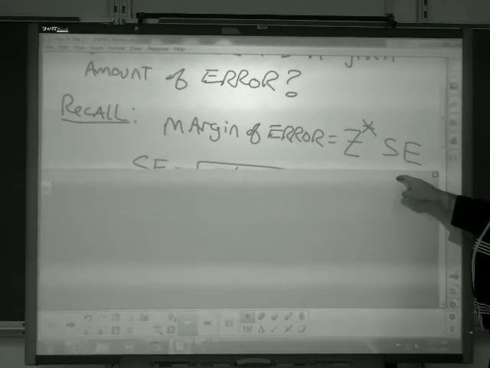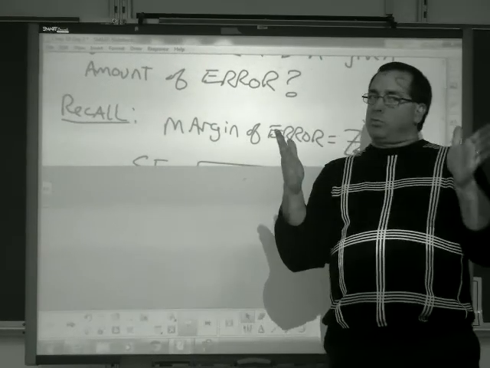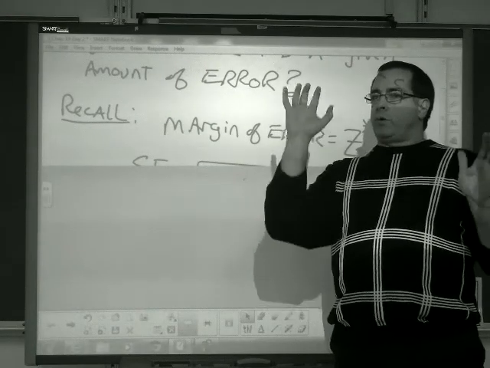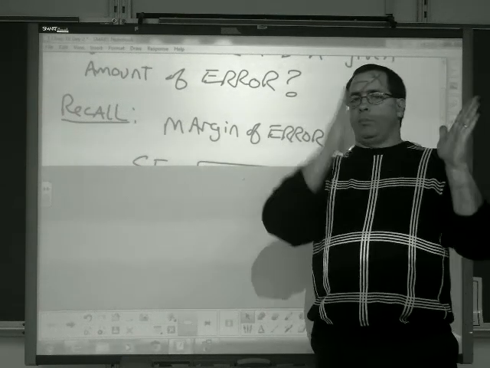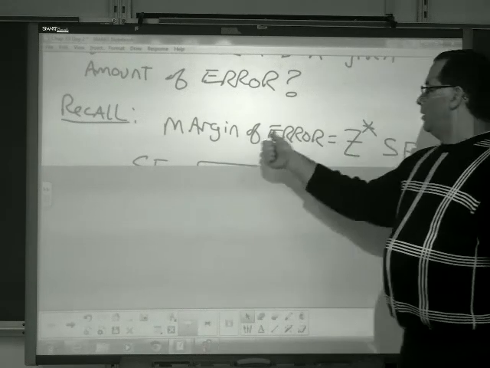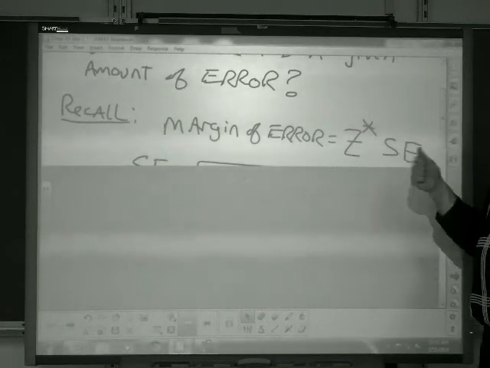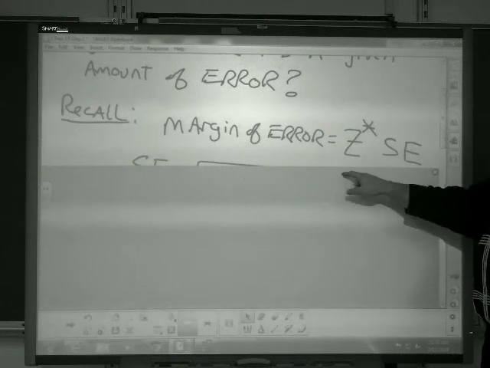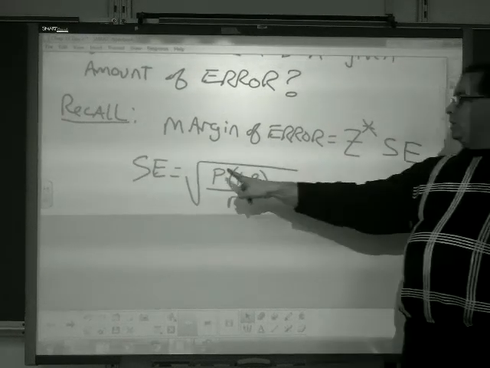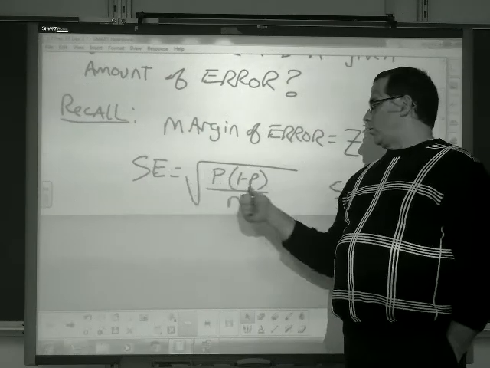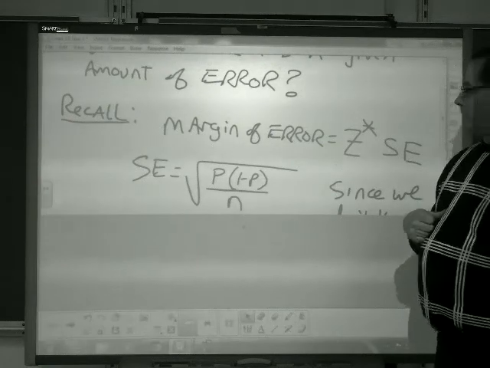The margin of error is the part that comes after the plus or minus symbol, because we have our p hat plus or minus the margin of error. So we can go up or down from the p hat. That is the z star times the standard error. Now, standard error in general is the square root of p times 1 minus p over n.